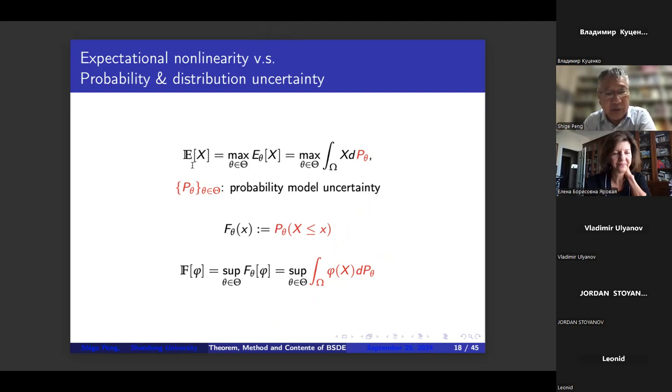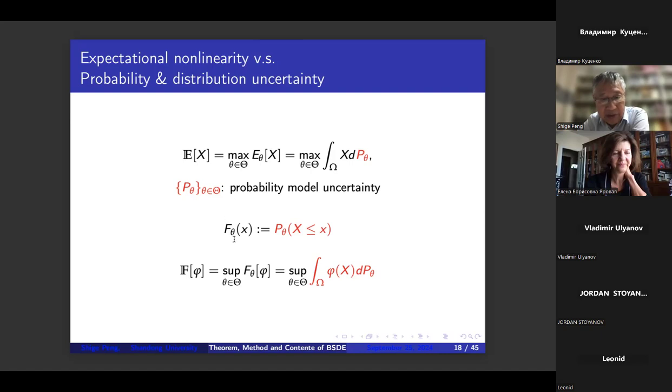We can use one sublinear expectation operation to dominate all other ones, or any given subset of expectations. So this is what we have now.